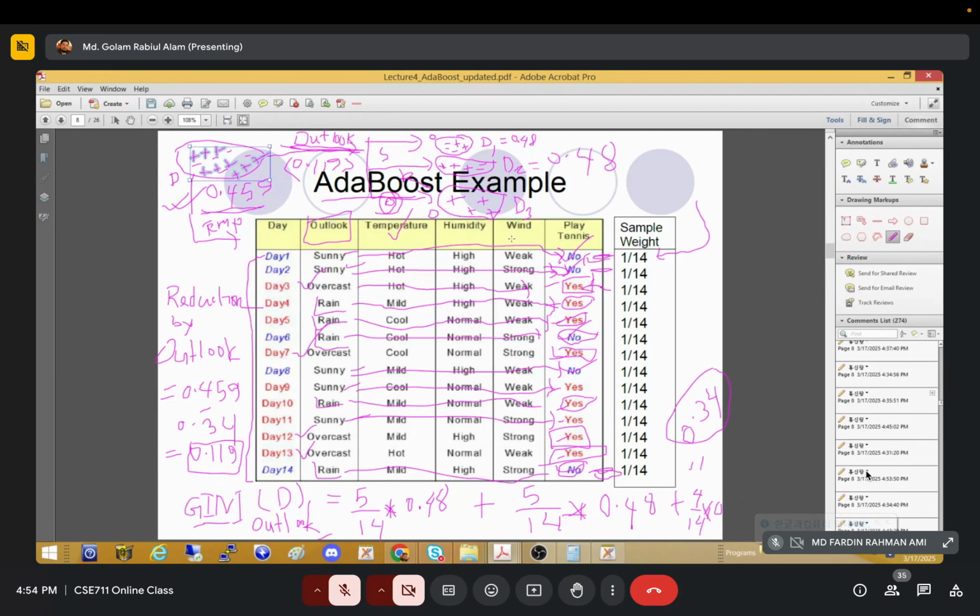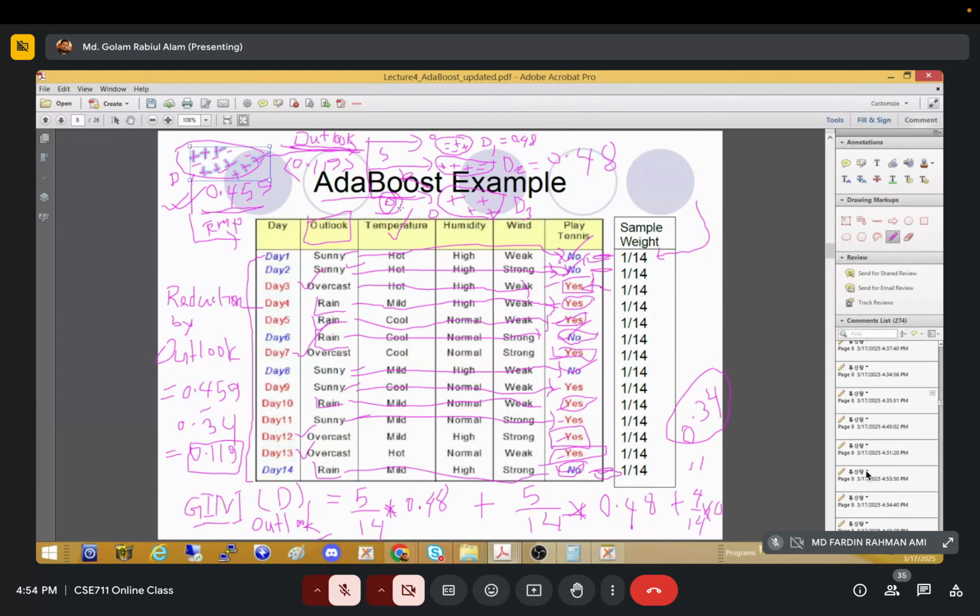So when outlook equals overcast, all the elements are positive. At this stage we can make a concrete decision: if outlook equals overcast, all the time we played the tennis match. No need to think about other parameters.